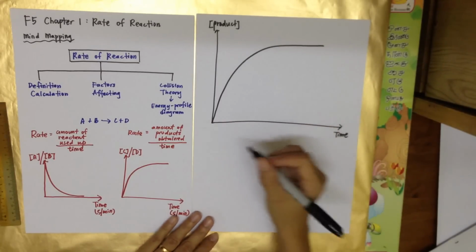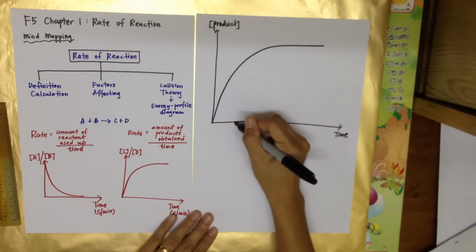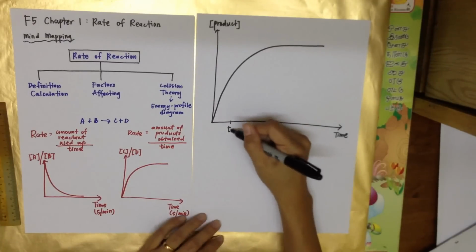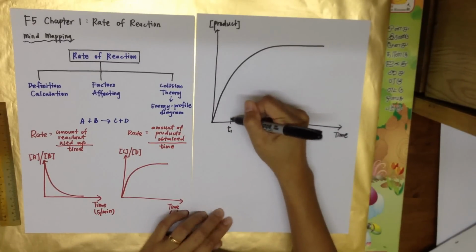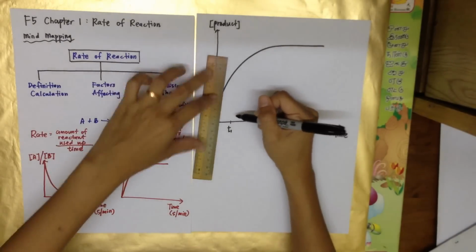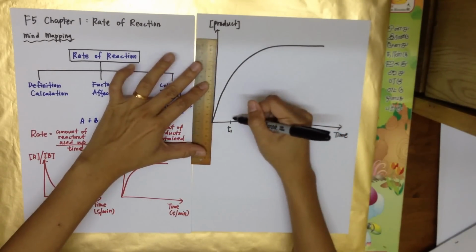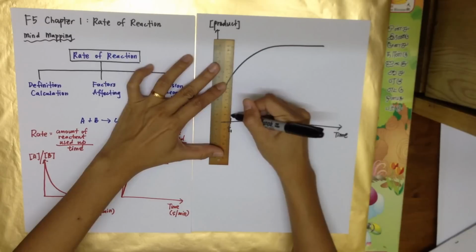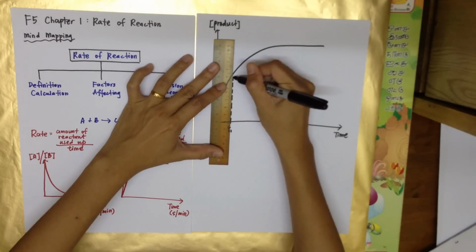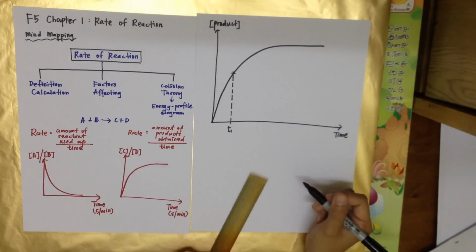For example, we give a particular example at t equals 1, at t1. At this particular t1, if we bring up to the curve, this will be the point of concern.